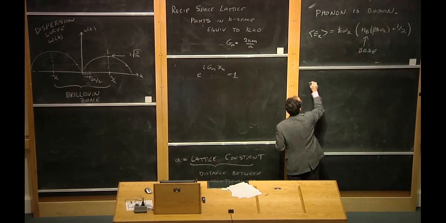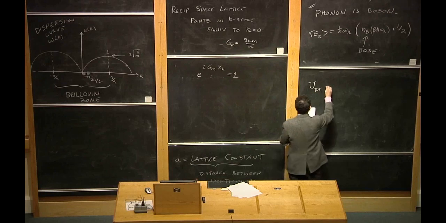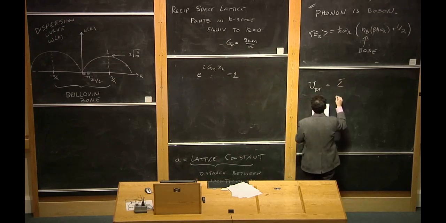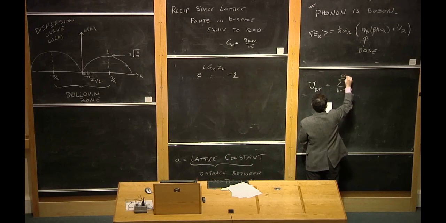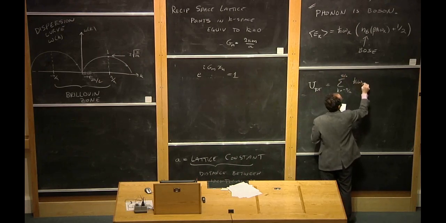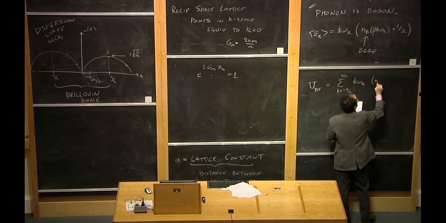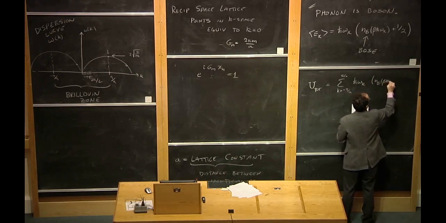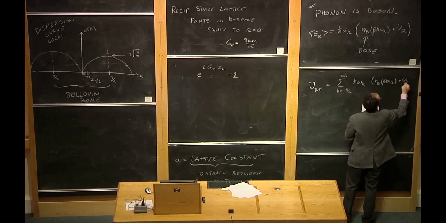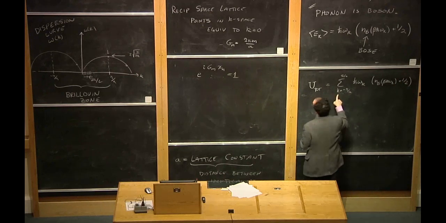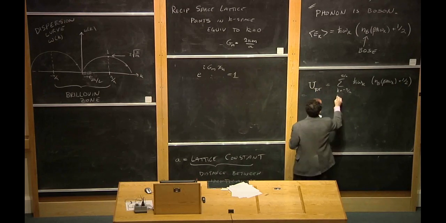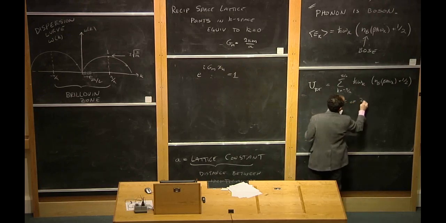So the total energy in the chain is the sum over all of the modes, k equals minus pi over a to pi over a, of h bar omega k times (Bose factor of beta h bar omega k, plus 1/2), where the k's are taken in steps of 2 pi over L.